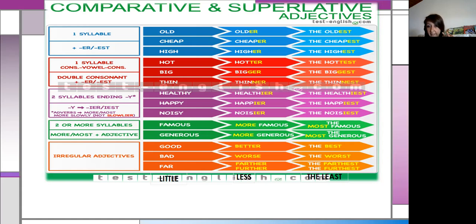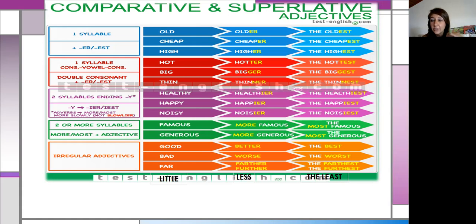Wet, wetter, the wettest. Hot, hotter, the hottest. Thin, thinner, the thinnest. Don't forget that comparatives are often followed by than when comparing two things or places or people.